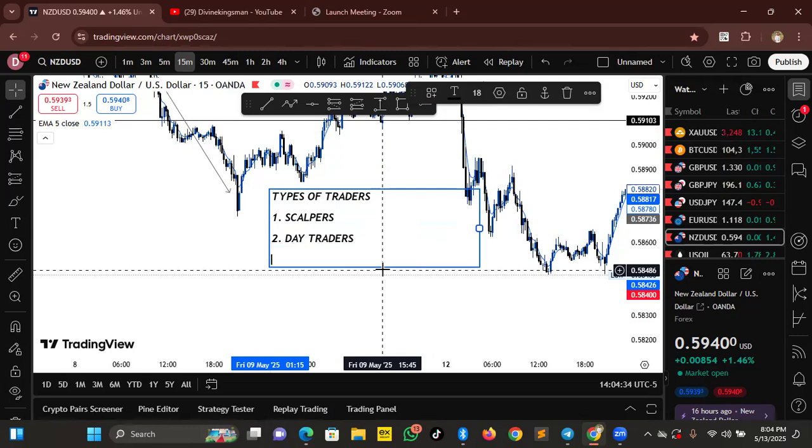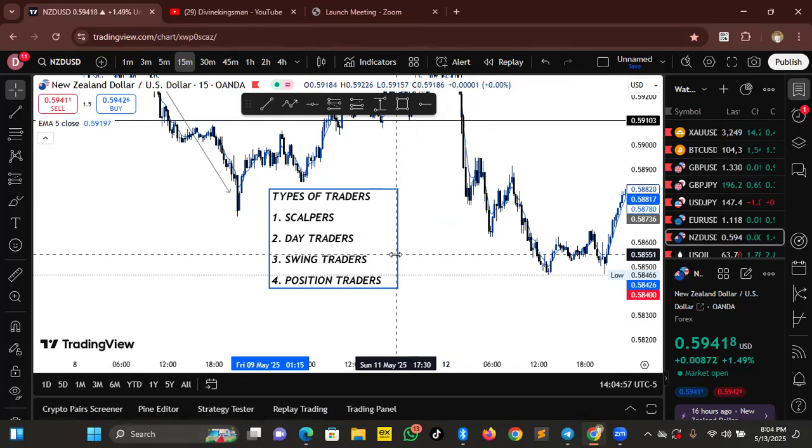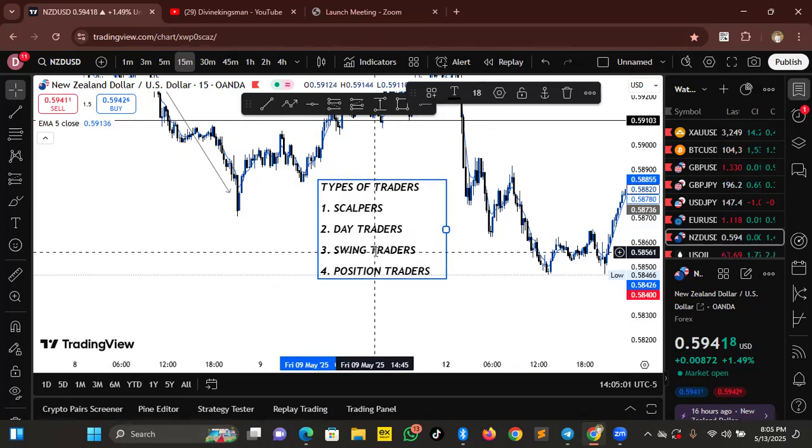And then the fourth one is called the position traders. As I said, keep this at the back of your mind so you know which kind of trader you are. After this, we continue with the main business of today.